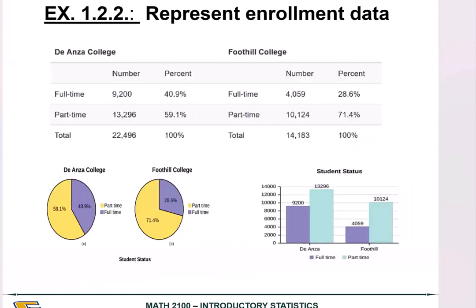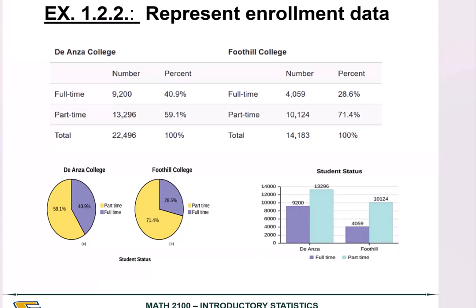Let's look at another example where you can see the picture in a more complete way. Here is the enrollment data from two different colleges, De Anza and Foothill. Just focus on De Anza; Foothill is the same. De Anza keeps track of about 9,200 full-time students, and part-time is 13,296.